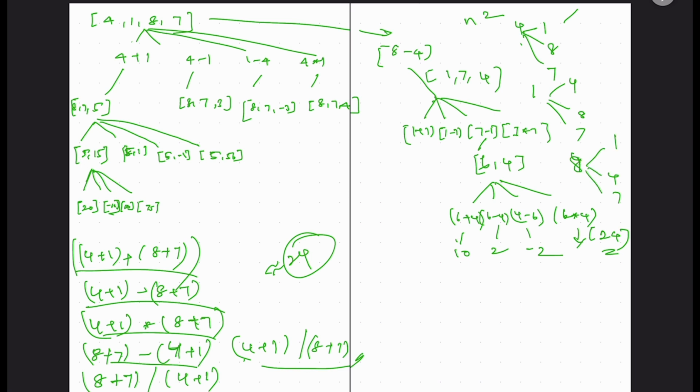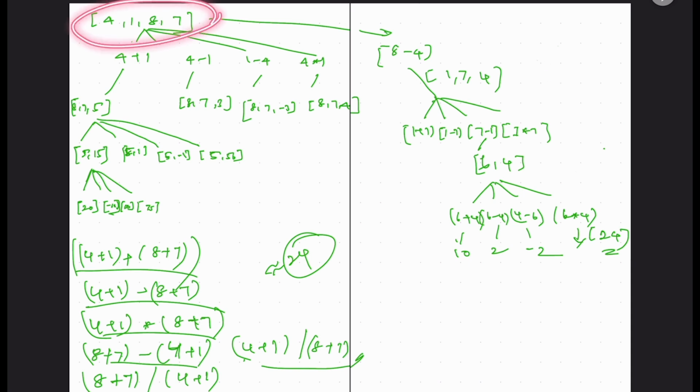So like this we'll be trying out all the n square possibilities. Got it? Each n square will go to n factorial. So here 4 goes to 3, 3 goes to 2, 2 goes to 1, and it will keep on traversing through all the operations.